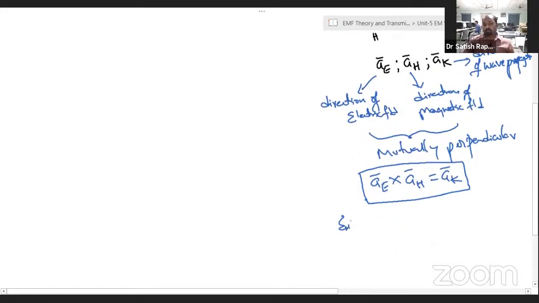For example, let us say the electric field is in X direction, magnetic field is in Y direction. Then what is the direction of wave propagation? aX bar cross aY bar is aZ bar. So therefore here X, Y and Z are mutually perpendicular, right?